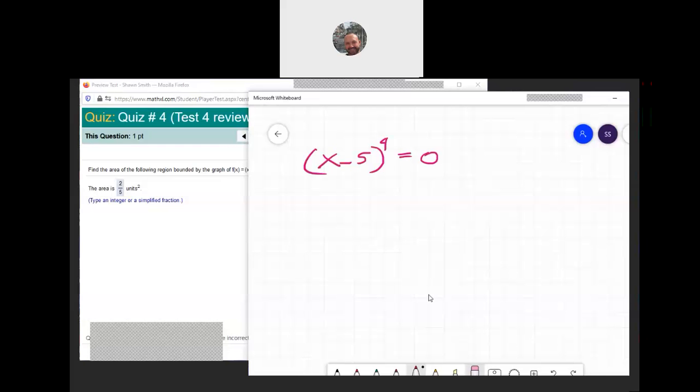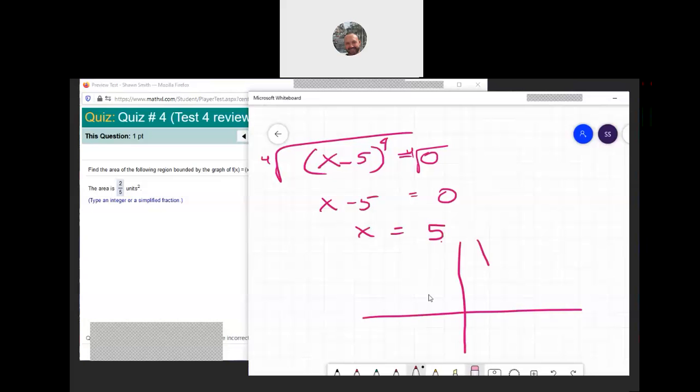That's going to give us the x-intercepts when y is 0. So if I take the fourth root of all that, the fourth root of 0 is still 0. x minus 5 equals 0, x equals 5. We have an x-intercept. However, it just touches the graph at 5. So that graph right there is something like that. Boom, touched at 5.